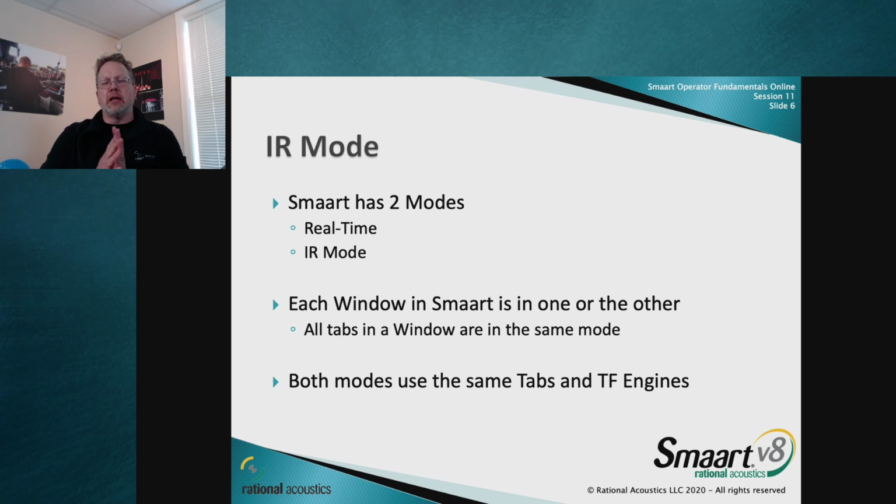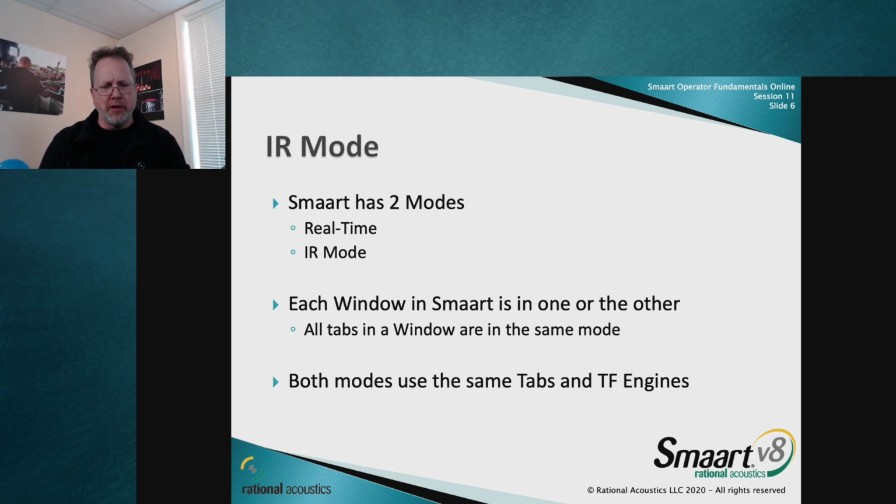Okay, so let's talk about IR mode. Smart has two basic modes of operation. The real-time mode is what we've been using. It basically fits the workflow of engineering a system, measuring a system in situ, making measurements, making changes, taking other measurements, this continual workflow.